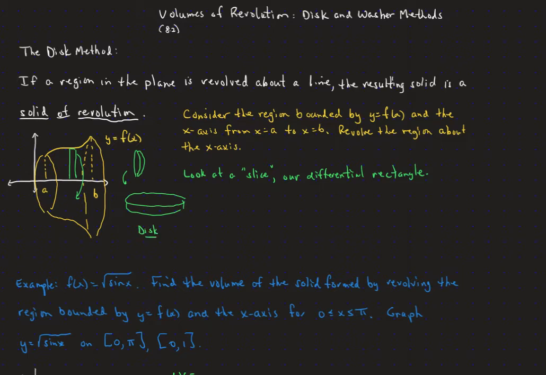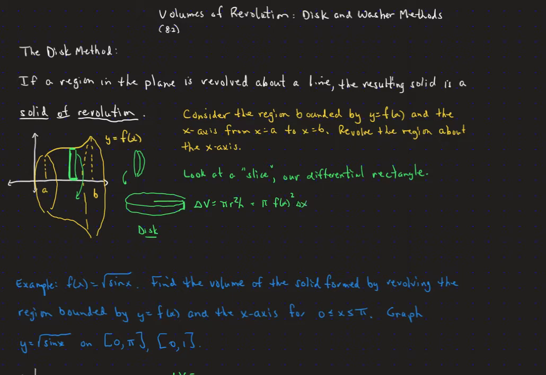Now, because it's a mini cylinder, its volume is going to be pi r squared h. In our case, this radius right here is coming from our function, so that's going to be our function squared. And the height of our cylinder is this little distance here, which we are going to call delta x.